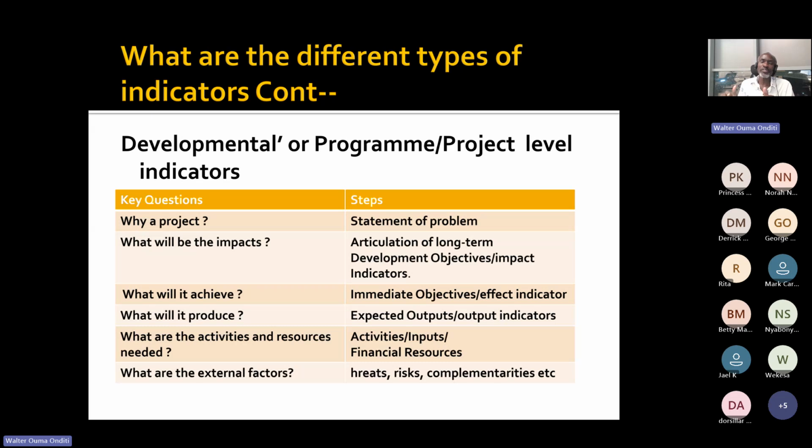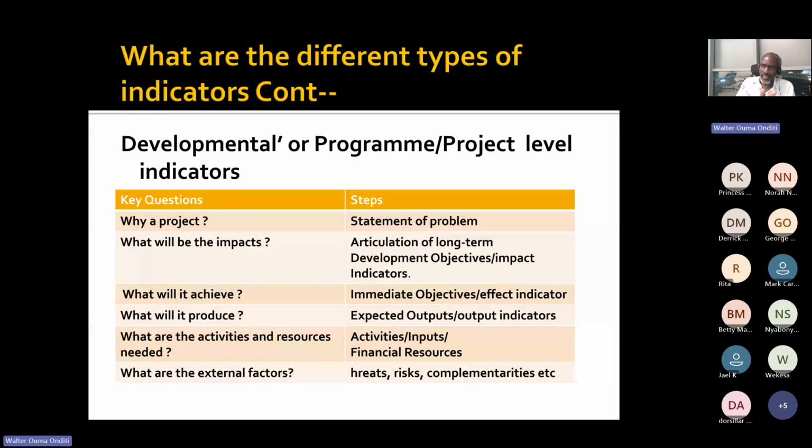We talked about answering the question of why the project, which basically looks at the statement of the project, and then reflecting on what the impact is, which articulates the two levels of results. That is the articulation of long-term development objectives, sometimes more aligned to impact-specific level indicators.